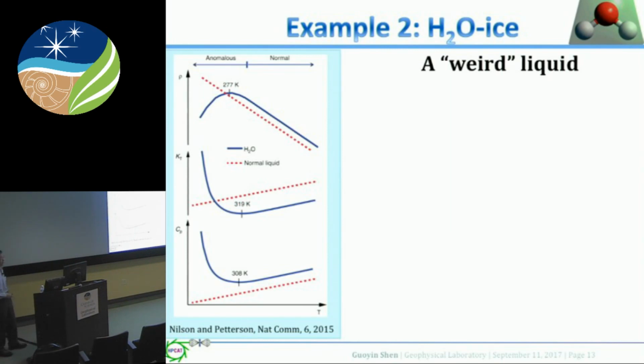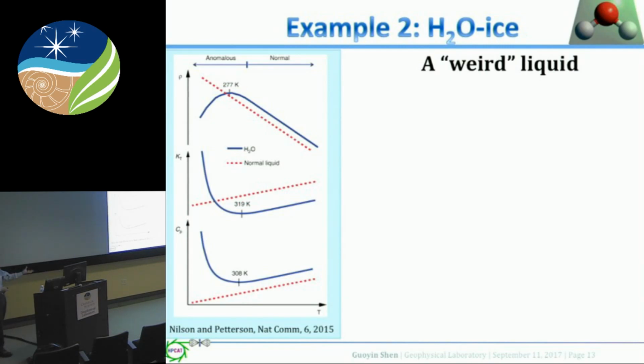And for a normal liquid, this dashed line here, it usually changes monotonically as a function of temperature. But water clearly shows it's not a normal liquid. Heat capacity is related to entropy, and compressibility is related to density.